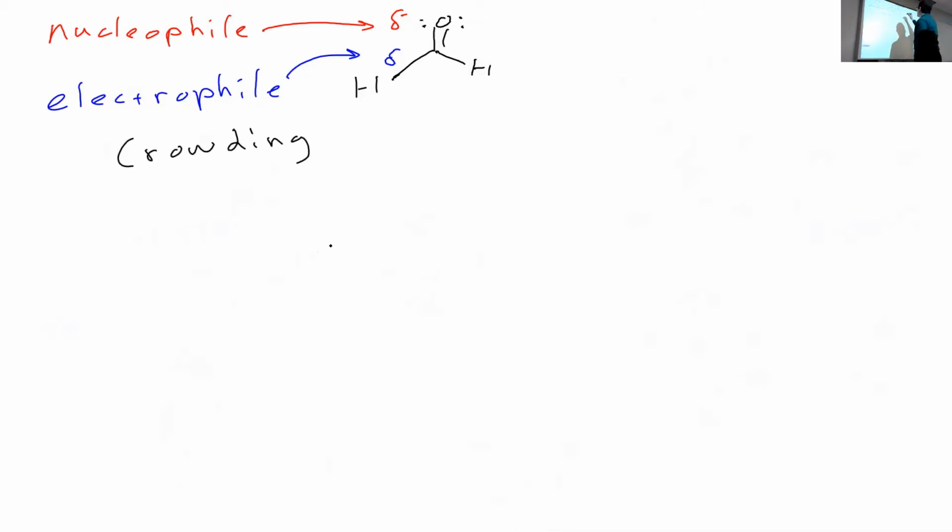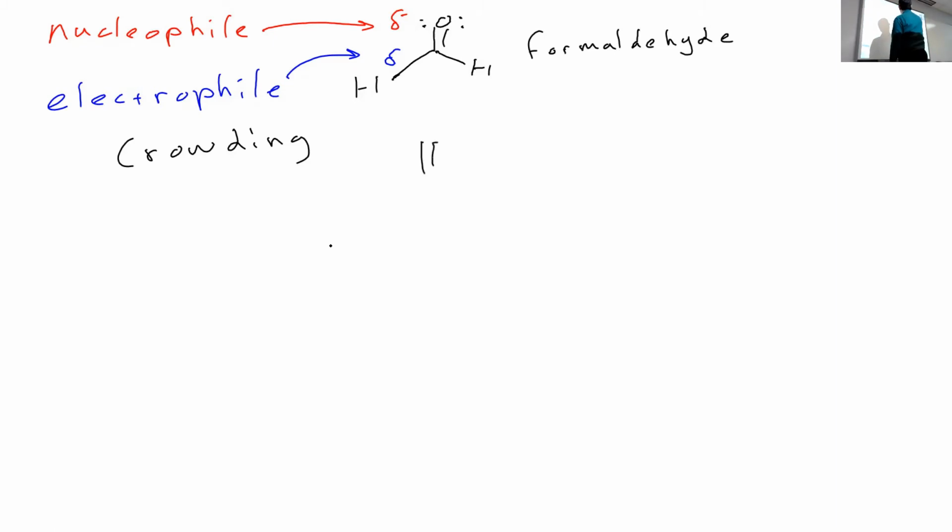So if we compare our formaldehyde up here, formaldehyde is not very crowded at all, right? It has two hydrogens connected here at this carbonyl carbon, and there's lots of room for a nucleophile to come in and attack.